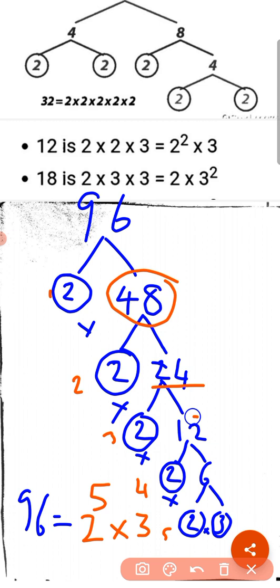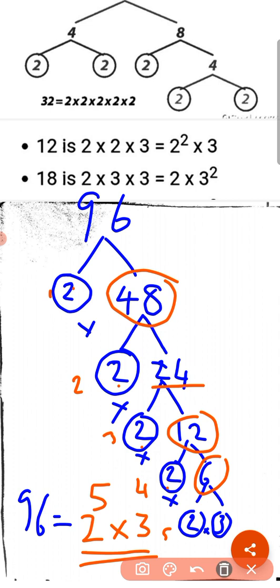Again divide 12 as 2 into 6. Divide 6 as 2 into 3. Circle the prime numbers here. So 2, 2, 2, 2, 2, 5 twos and 1 three. So our prime factorization is 2 to the power of 5 into 3. This is the prime factorization of 96.